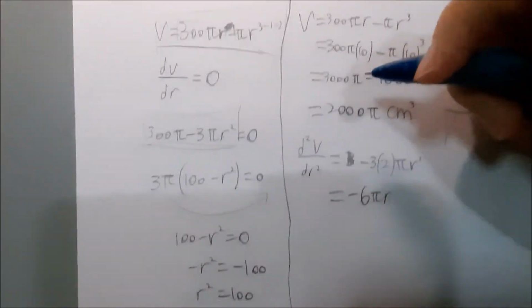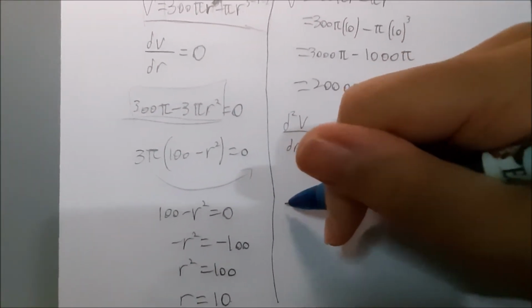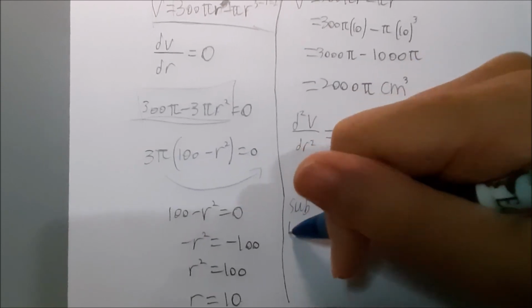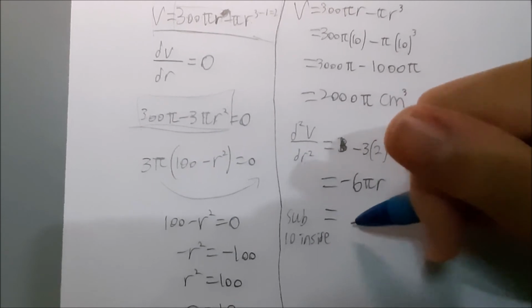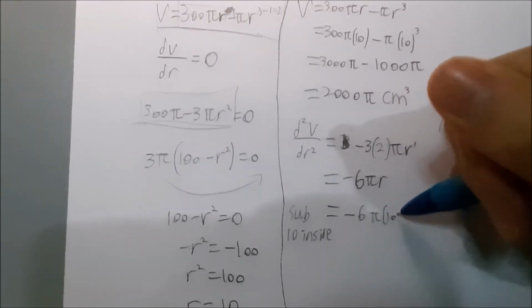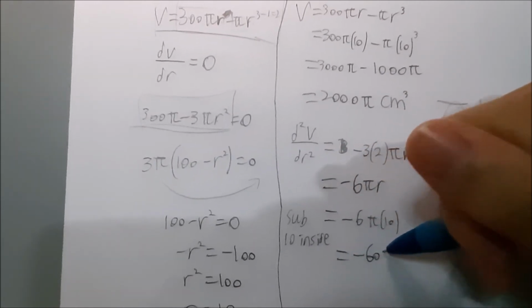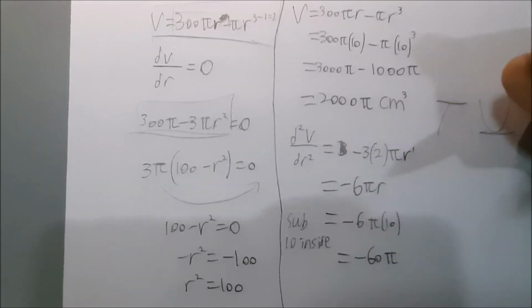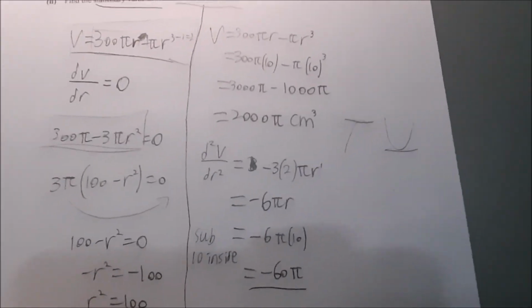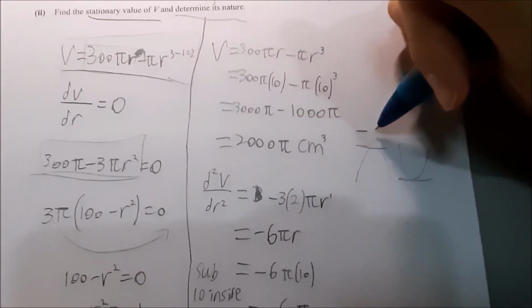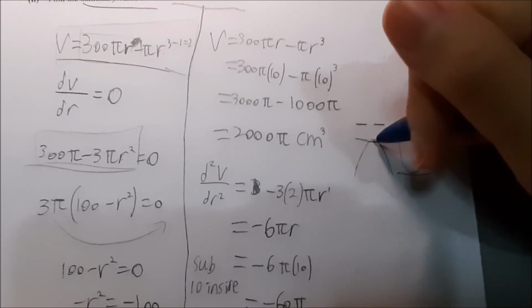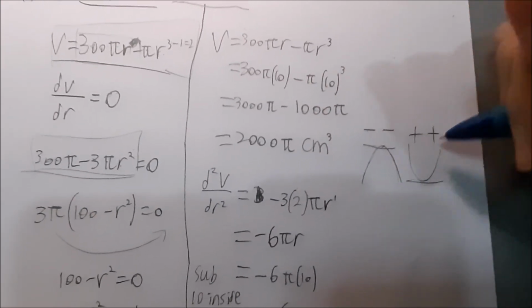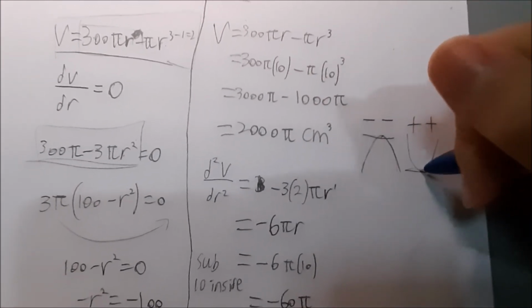And then from here you have to substitute the r value that you've just got, which is 10. So if you substitute 10 inside, it gives you minus 6 pi times 10, which gives minus 60 pi. Since this is a negative value, a negative value will have a maximum point, and a positive value will have a minimum point.